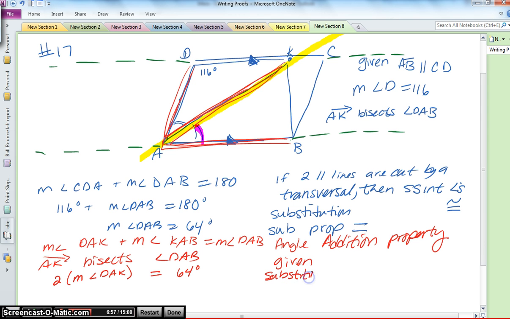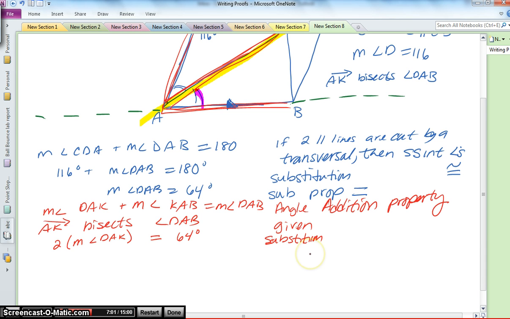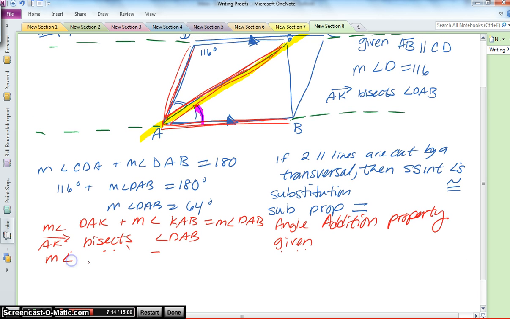Those angles are congruent. Well, let's go ahead and make that statement. We can do this one next. Let's go ahead and say that the measure of angle DAK equals the measure of angle KAB by definition of bisected.